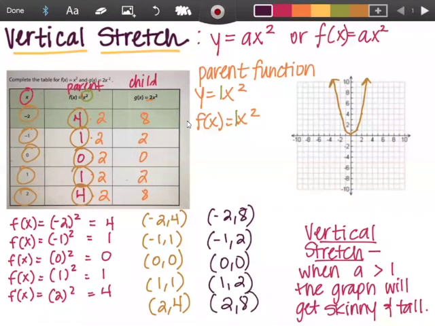And I got those from the x values and the g of x. All right, so negative 2 comma 8. We have negative 1 comma 1. I'm sorry, negative 1 comma 2. We have 0 comma 0. We have 1 comma 2. And we have 2 comma 8.